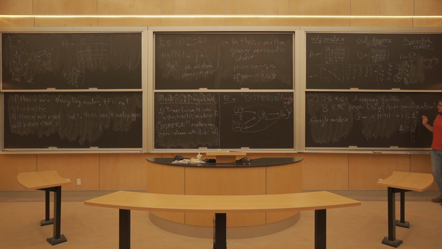The way you interpret this Google matrix is this. With alpha probability, let your random surfer act according to the structure of the network. With the remaining probability, act according to your biases. That's the idea.